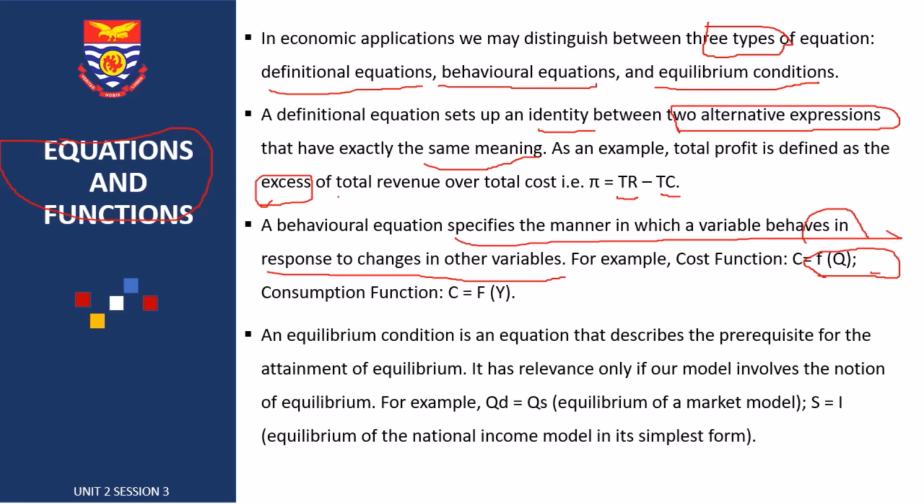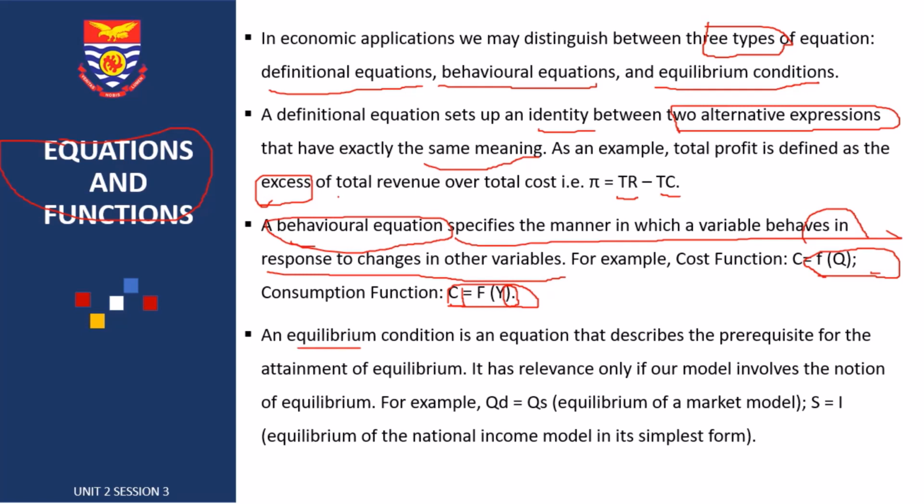Or let's say the consumption function depending on the disposable income. The consumption will change as and when our income, that is y, changes. That is what we call the behavioral equation. We are talking about the manner in which a variable behaves in response to changes in other variables.